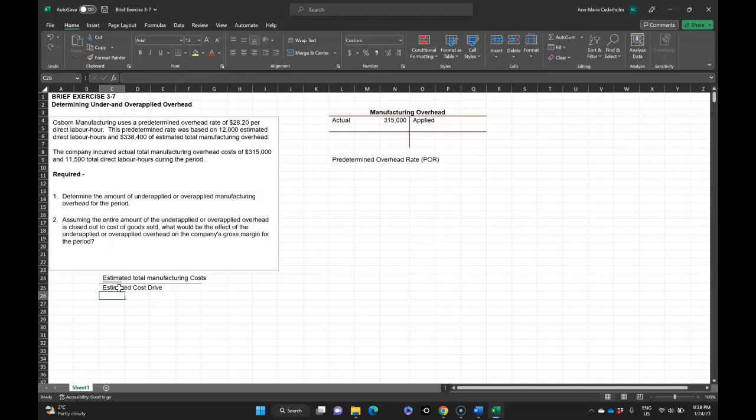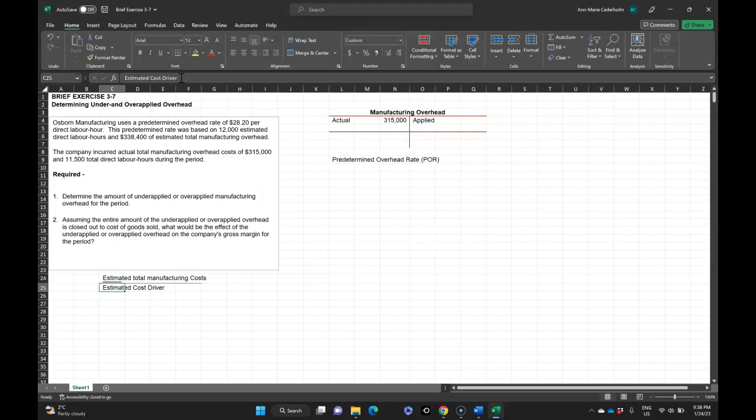So when I say cost driver, I'm talking about activity. So if our company was making a product, and it's really easy to measure direct labor, especially if these are being made by individual employees, then we could technically estimate what the total direct labor is, and then maybe allocate our manufacturing overhead based off of that. Another way you could look at it is off of machine hours.